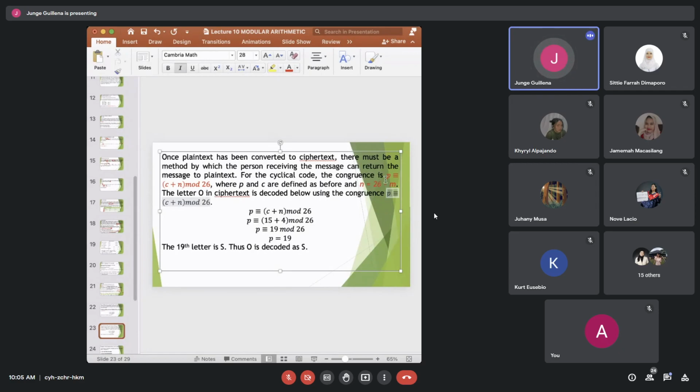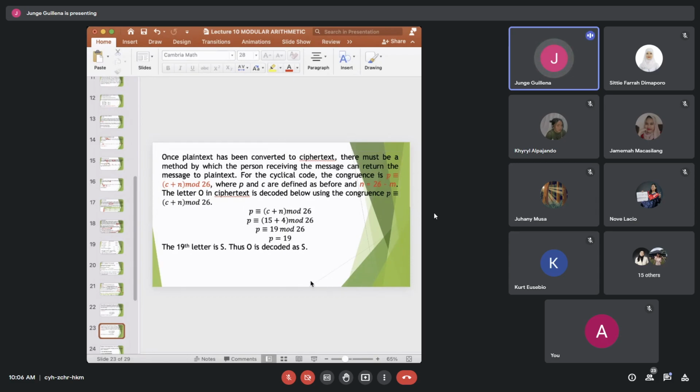Then plus 4, that is 26 minus the shifted 22 positions. Our M is 22, so 26 minus 22 is equal to 4. That would be our N. So 15 plus 4 is 19, modulo 26, and since 19 is less than the modulus, automatically that is the remainder. So that would be our P. The 19th letter is S, thus O is decoded as S.